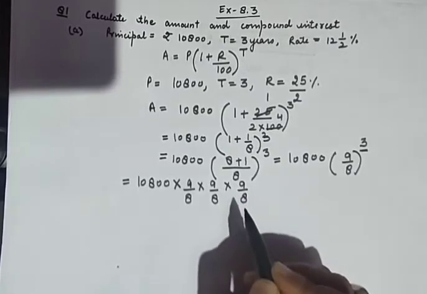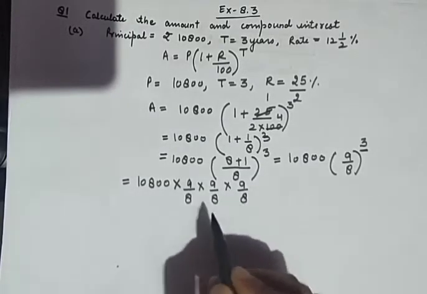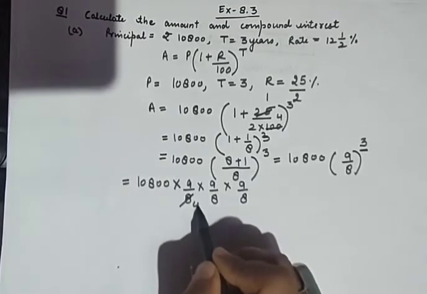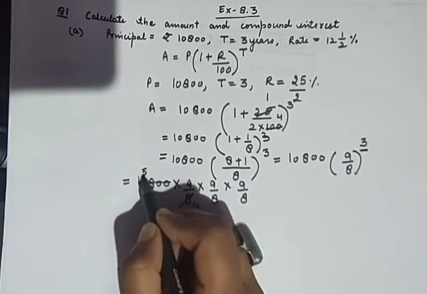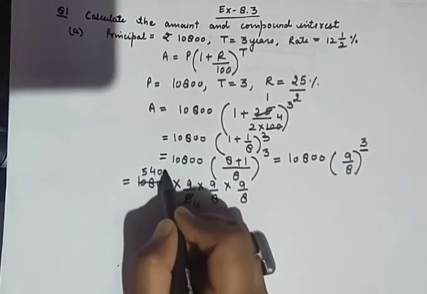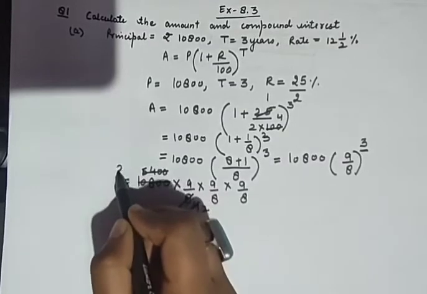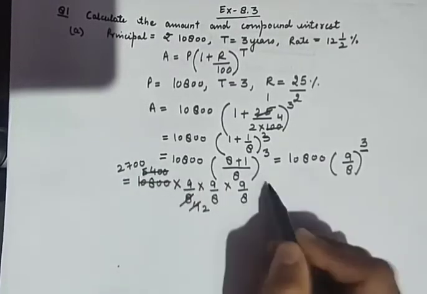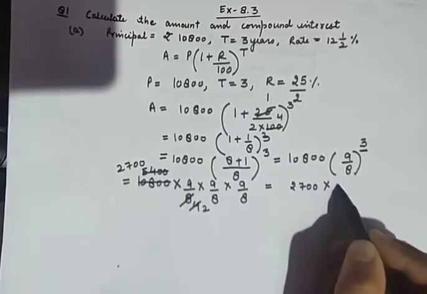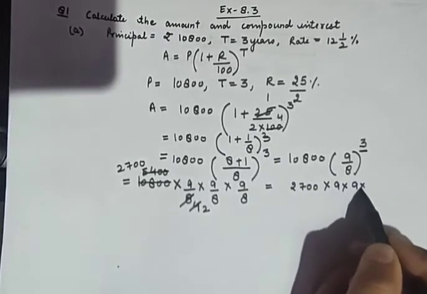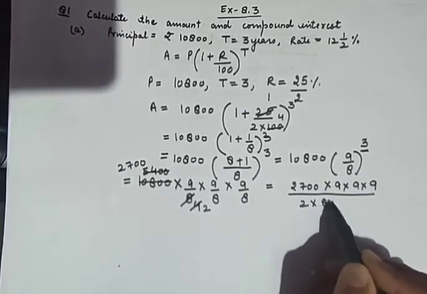Okay, so after this, when I cancel, 2 fours are 8, 2 fives are 10, so 5400 here. Again it can be cancelled, 2 twos are 4, 2700. So I'm getting 2700 into 9 into 9 into 9 upon 2 into 8 into 8.